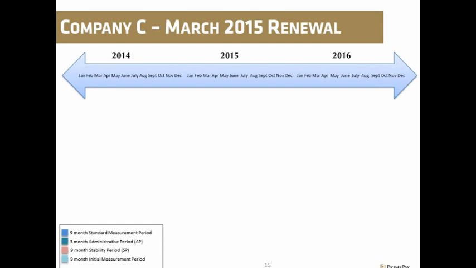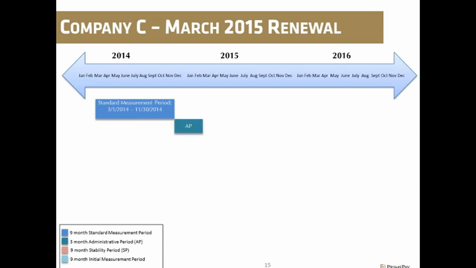So let's go here into this specific renewal. So I had mentioned March 1st, 2015. So for a 3-month administrative period and 9-month standard measurement period, that means that you need to begin the standard measurement period for an employer such as this as of March 1st, 2014, and that would go through the end of November of this year, okay?